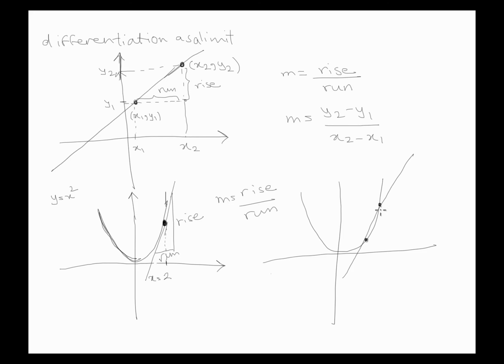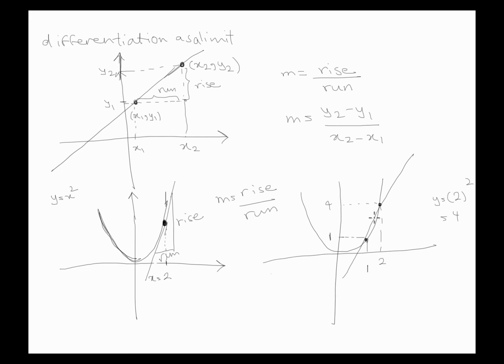So for example, if this was point 2, then in a graph of y is equal to x squared, when x is 2, your y value is 4, because y is equal to x squared, so 2 squared is 4. And if this is x is equal to 1, let's say, that corresponds to 1 squared, which is 1.